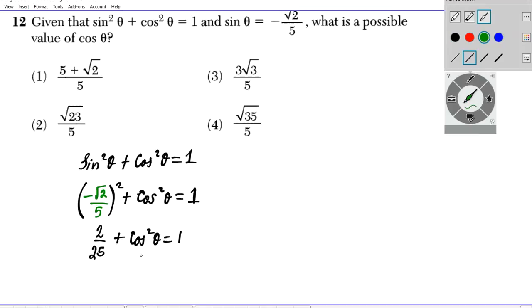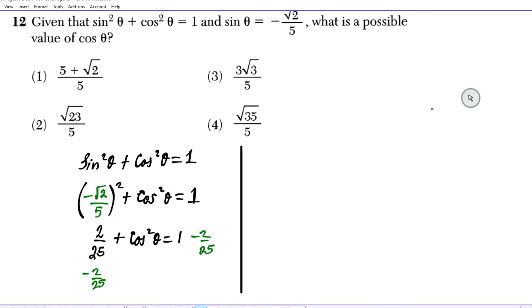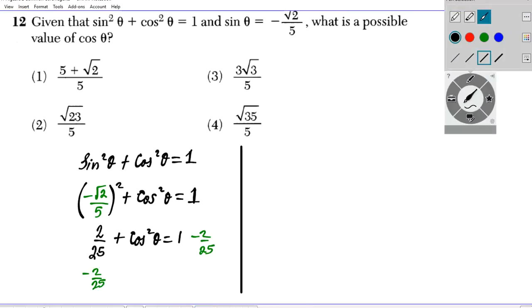And then you proceed to subtract 2 over 25 from both sides. And what do we have? We have cosine squared theta is equal to 1, let's write it as a fraction over 1, minus 2 over 25.